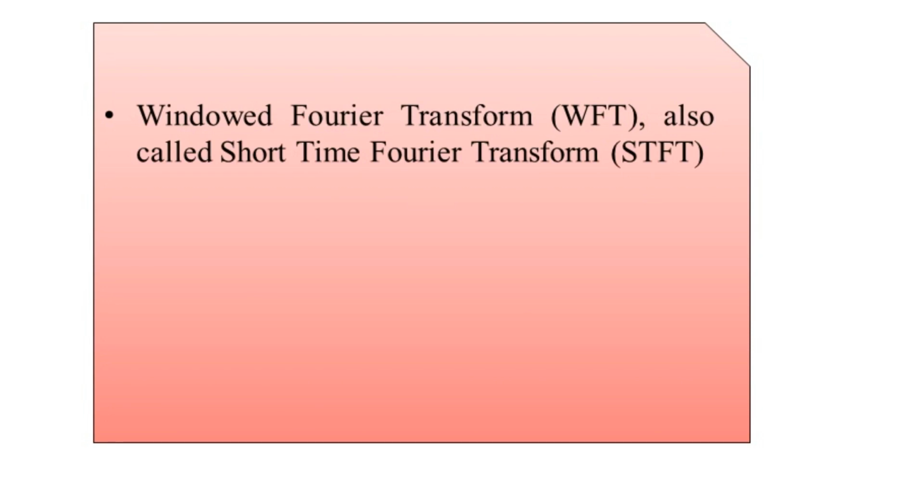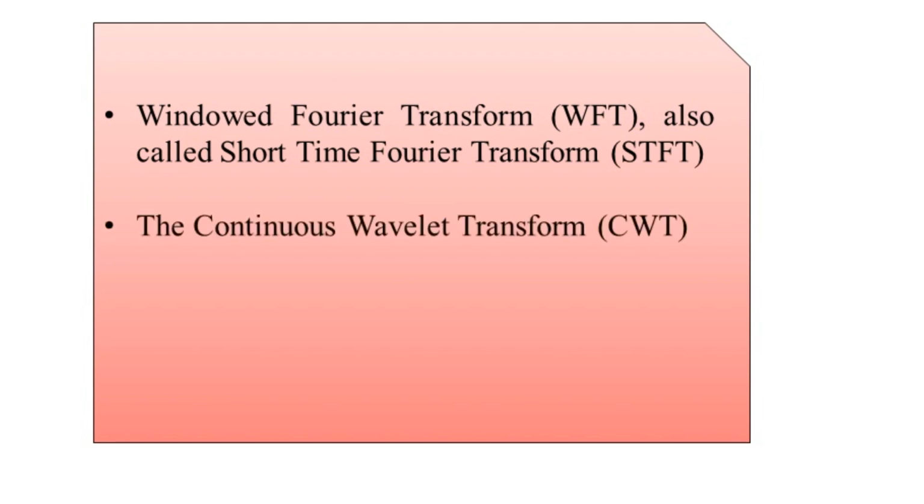Now this is one alternative. Another alternative, which is more evolved than this, is the continuous wavelet transform, the first exact topic for understanding wavelet theory, and onwards we shall focus on the Haar wavelet, the simplest one. So this is CWT, the continuous wavelet transform.